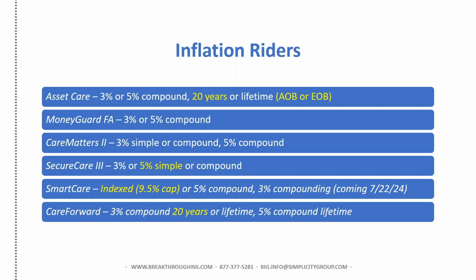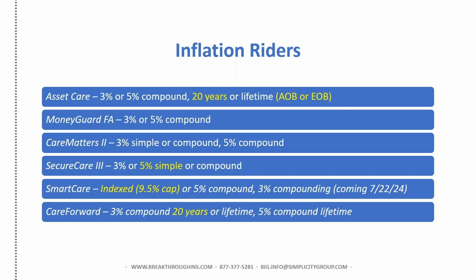By younger, I mean people under the age of 60, as an example. So that 9.5% cap, again, is not guaranteed, but it is guaranteed to be a minimum of 3%. So they can actually take it down to 3% if they wanted to, based on what's happening in the interest rate environment.